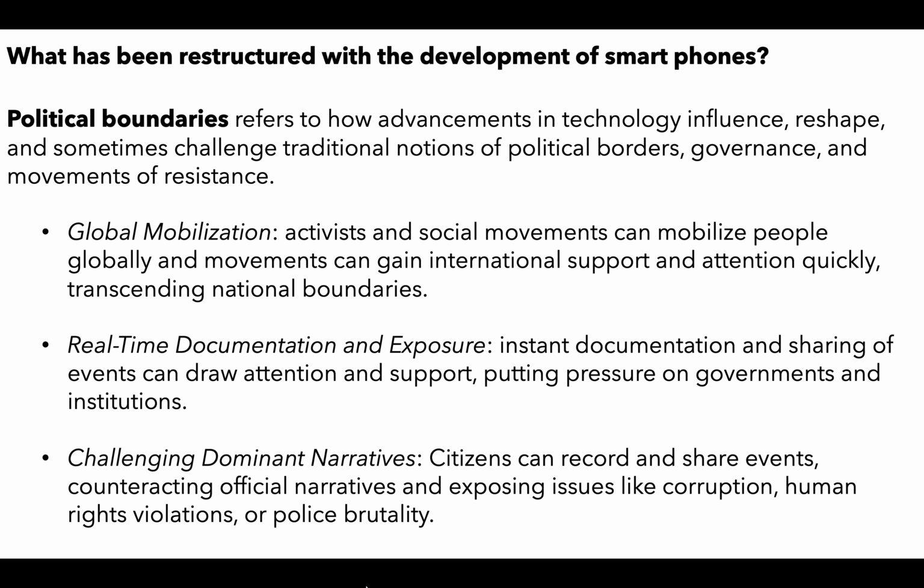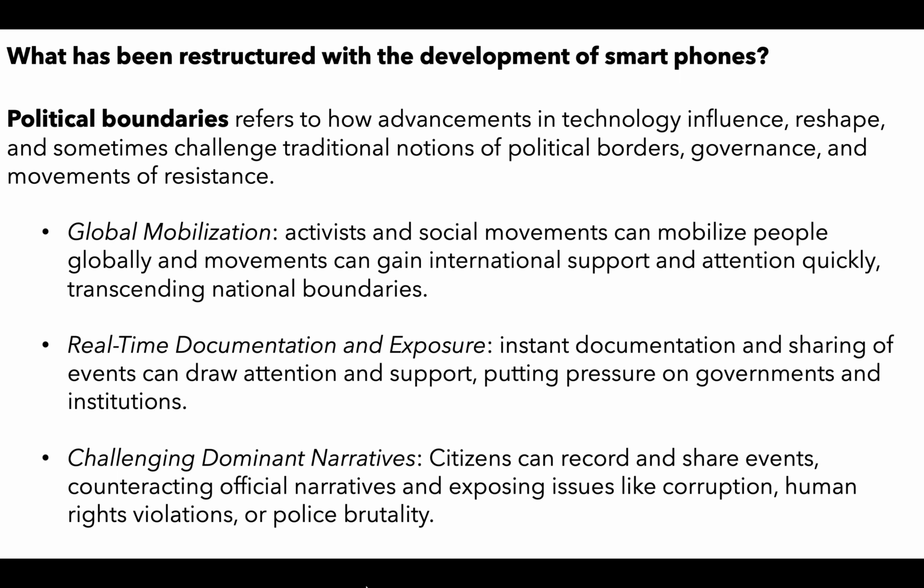And that can challenge dominant narratives, right? Citizens can share and record events. They can counteract official narratives and expose things like corruption, police brutality, etc., through the real-time documentation that our smartphone allows us.